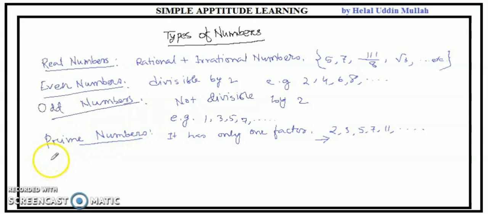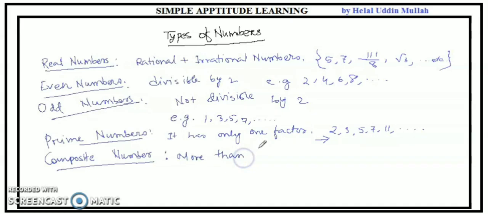Next is composite numbers. Composite numbers are those numbers which have more than two factors. That means the number can be divided by more than two numbers.